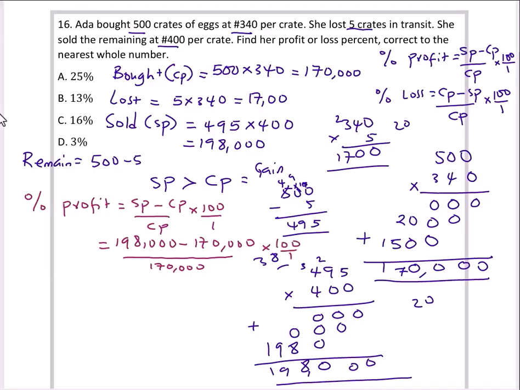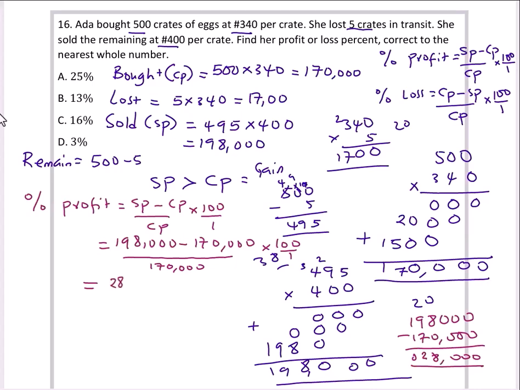Sorry, I don't have enough space, but I believe you understand what I'm talking about. So let's do 198,000 minus 17,000. 8 just comes down, then 9 minus 7 is 2, then 1 minus 1 is 0, so this is actually 28,000.